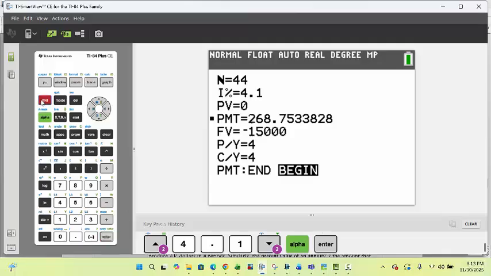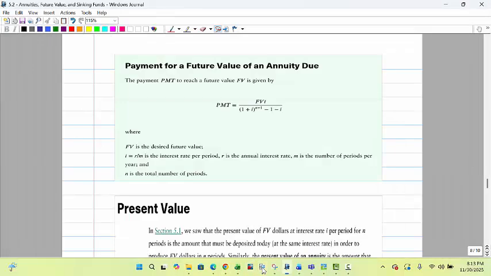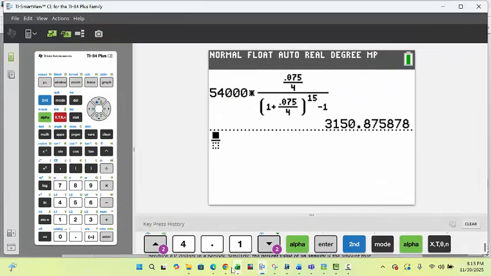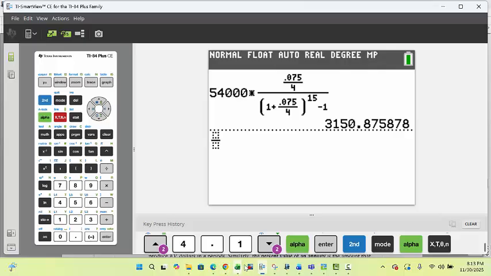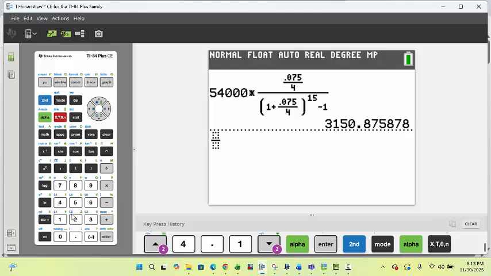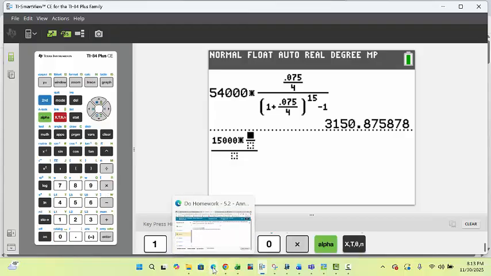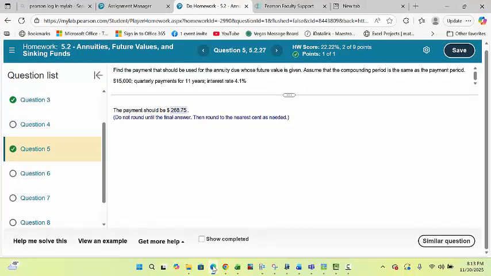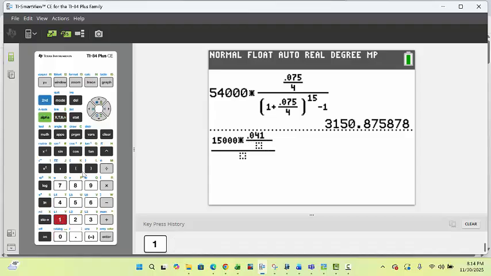So it's going to be future value was 15,000 times the interest rate, 4 point, whatever that was, the number I messed up, 4.1 quarterly. So it's 0.041 divided by 4.